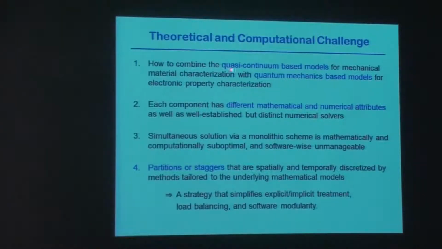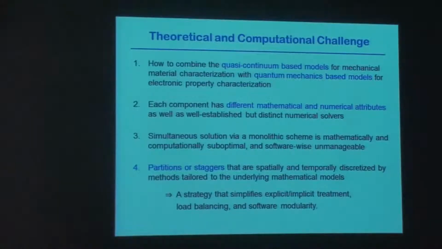So the question is how to combine these quasi-continuum based mechanical models with quantum mechanics based techniques for the Schrödinger wave equation, considering that these have different mathematical and numerical attributes, and the techniques to solve them are also different. Obviously, a simultaneous solution via a monolithic scheme, if possible, is not going to be computationally optimal or software-wise manageable.